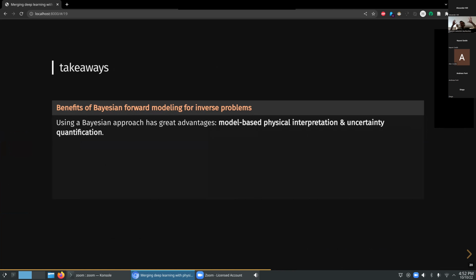You need to have a physical description of a forward process that should be able to generate the universe as you observe it. And then the only places where I see deep learning being useful, let's say, is making this process of analyzing data with a forward model scalable at both the complexity and the scale of the data that we have to deal with.